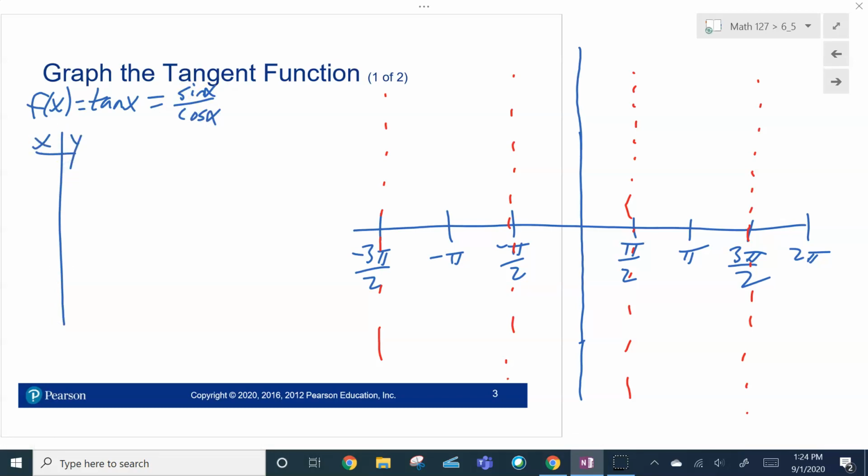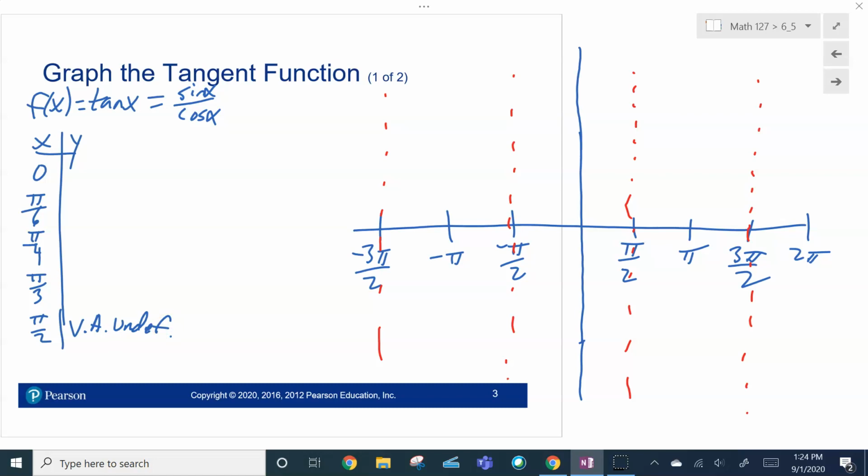Let me graph it between negative pi halves and pi halves. Let me start out with 0, and then I'm going to plot a few here: pi sixths, pi fourths, pi thirds. Pi halves we know is undefined. It's a vertical asymptote. Stop there, and then I'll go to the left of 0.